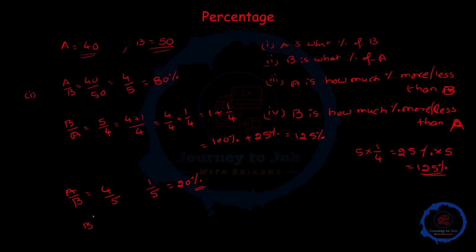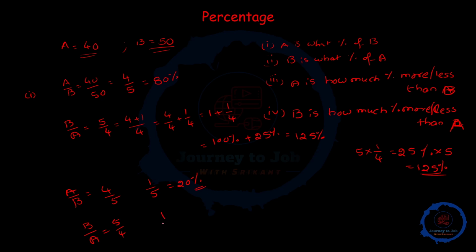Next, fourth question, B by A. B by A, we have to find out first, 5 by 4. Now definitely B is more than A. How much more than A?